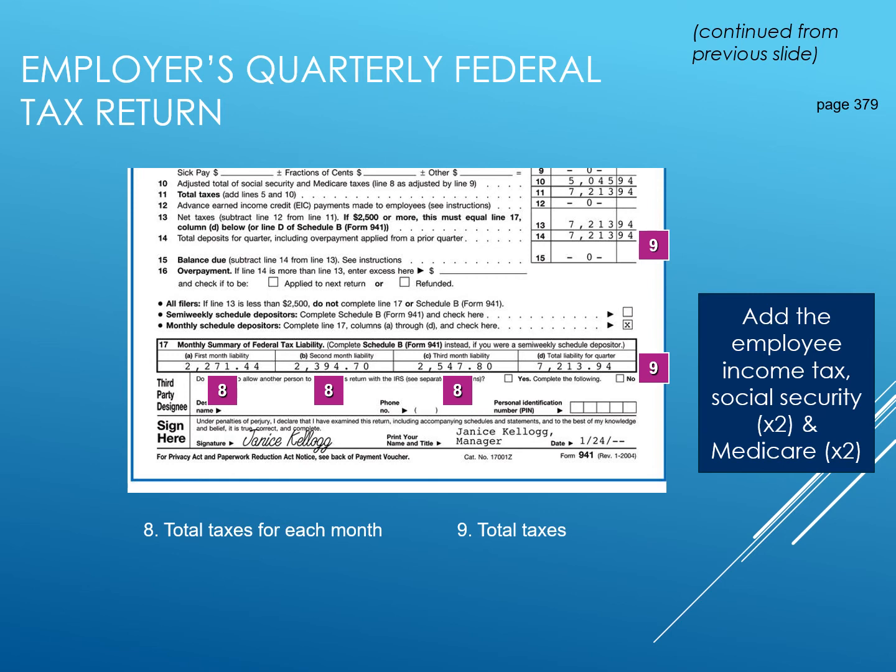These two totals should match. So on line 14, we're going to carry the $7,213.94 from the table in line 17 onto line 14. If they match, on line 15, we will record a 0.